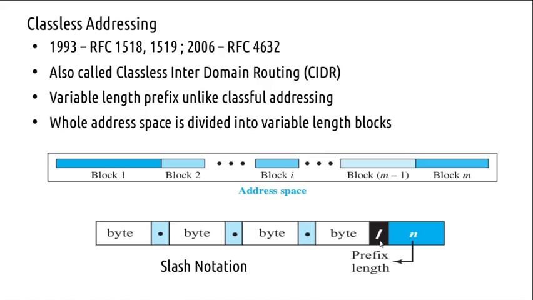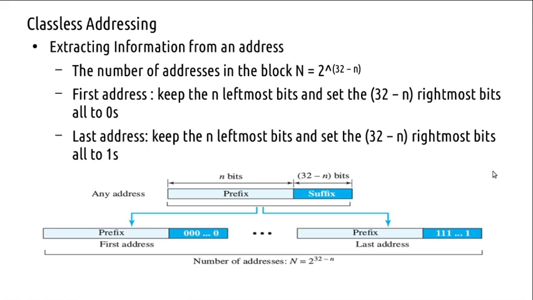For instance, you will say 192.168.0.0/16. This is the slash notation. Using it, you can divide the whole available address space into variable length blocks.